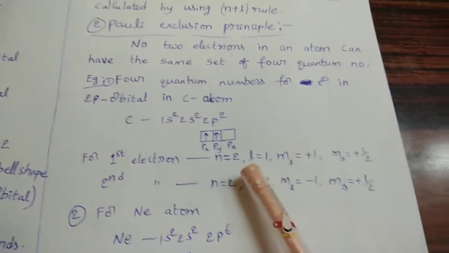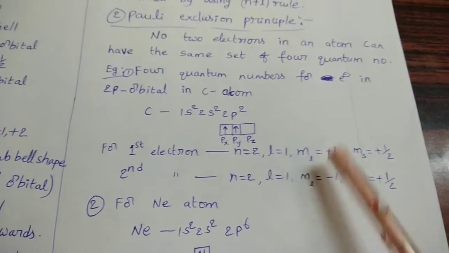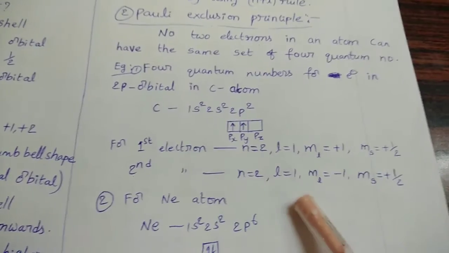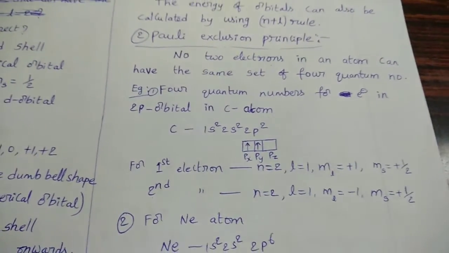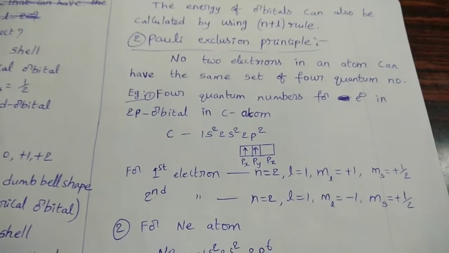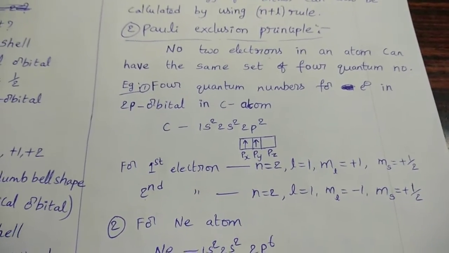If we compare the quantum numbers for these two electrons, the magnetic quantum number is different and the remaining three are the same. In this way, no two electrons in an atom can have all four quantum numbers the same. They must differ in at least one quantum number.